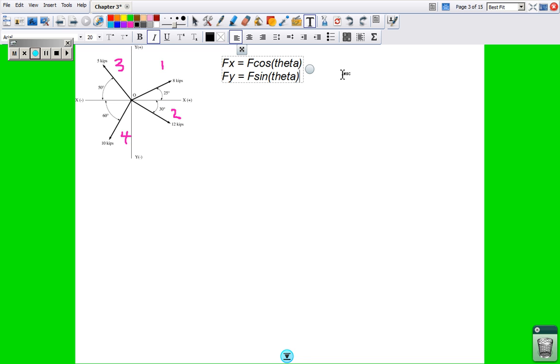Alright, so let's go through and find the components of each force. Okay, F1x is going to be equal to 8 kips times cosine of 25 degrees. So F1x is going to be equal to 7.25.